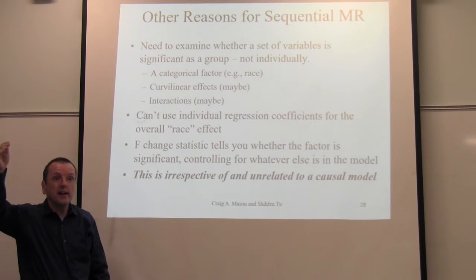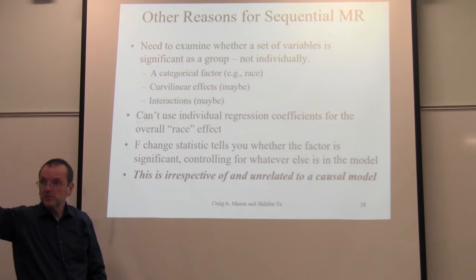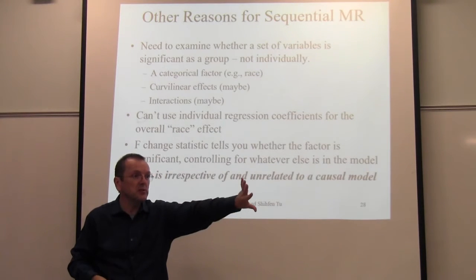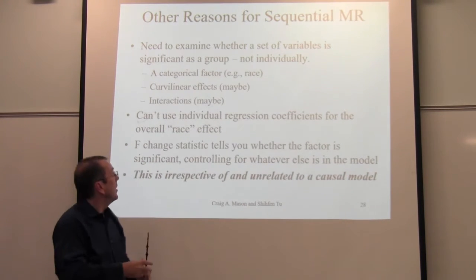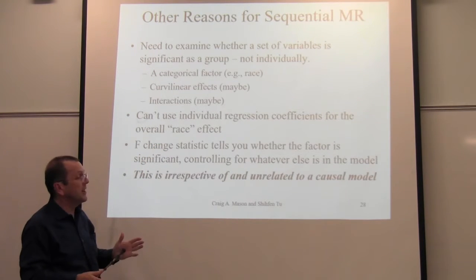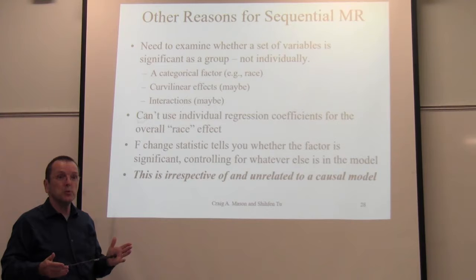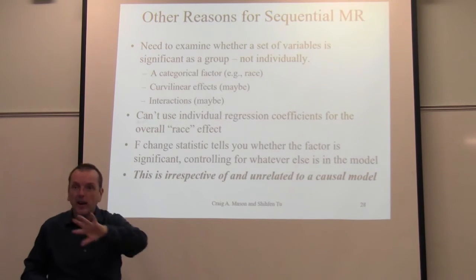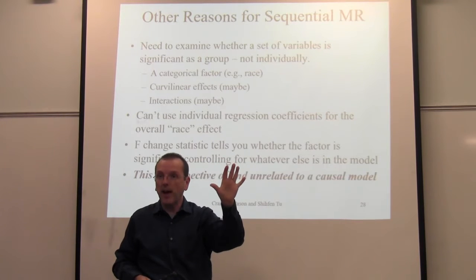We'll see that in another 2 weeks. You enter a group of variables and then test if there's a curvilinear effect. Or you're entering an interaction, which we'll get to next week. We enter a group of variables, and then I want to test an interaction on top of that.